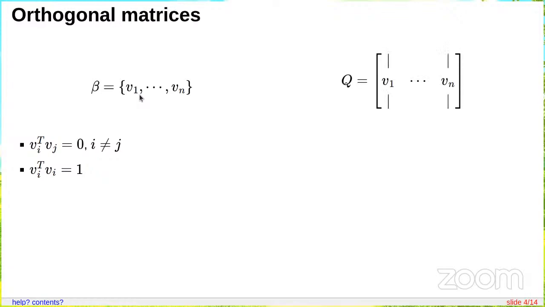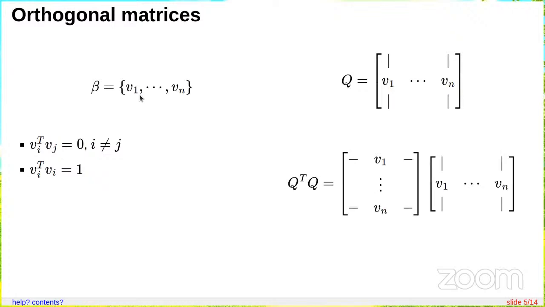Now let's put all these vectors into a matrix Q. So what is Q transpose Q equal to? Should be 0, right? Not everything need be 0, but there will be a lot of zeros, where it's orthogonal. Identity, right? It will be identity actually.